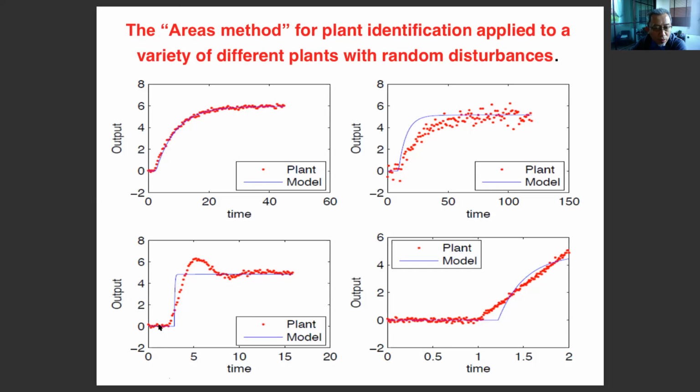This one is also not good; the blue line cannot fit the second order response with time delay well. And this one as well. So the best response is this one.